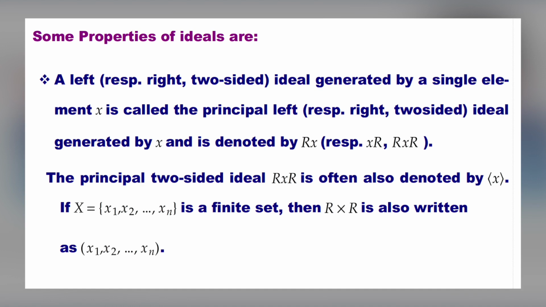The principal two-sided ideal RxR is often also denoted by the ideal generated by x. If X equals the set of all x1, x2, etc., xn is a finite set, then RXR is also written as the ideal generated by x1, x2, etc., xn.